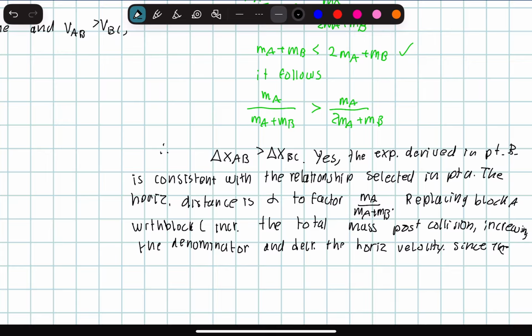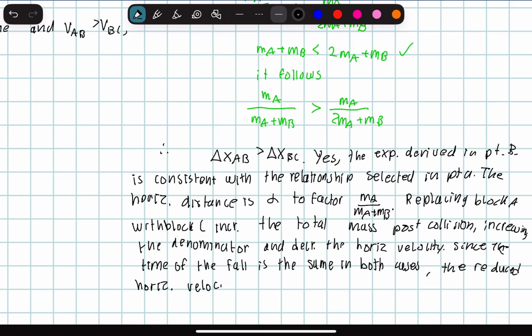Since the time of the fall is the same in both cases, the reduced horizontal velocity results in a smaller horizontal distance.